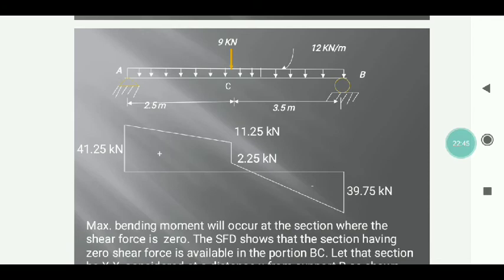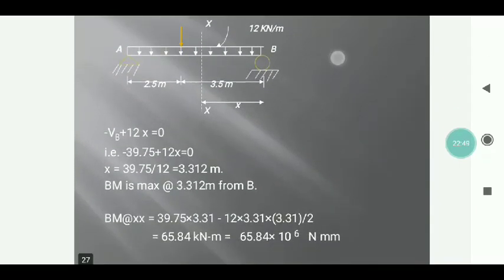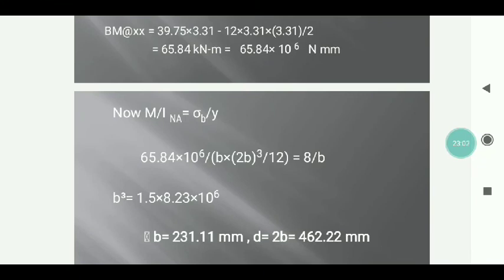With this we calculate the bending moment the similar way how we understood in module number 2. So after this we know the formula M by I is equal to sigma by y. So substitute the maximum bending moment, by moment of inertia bd cube by 12 is equal to stress by y.